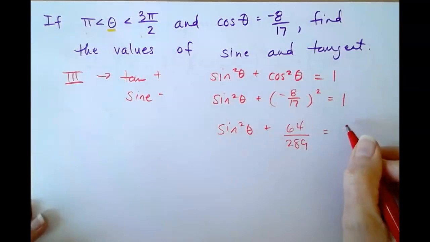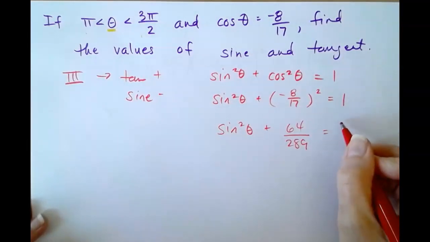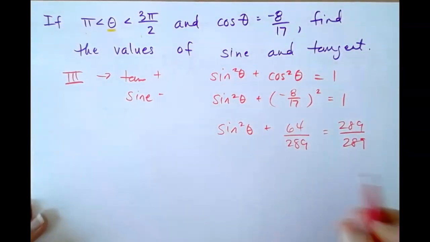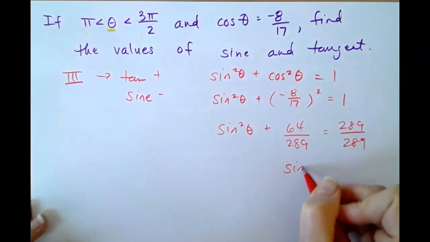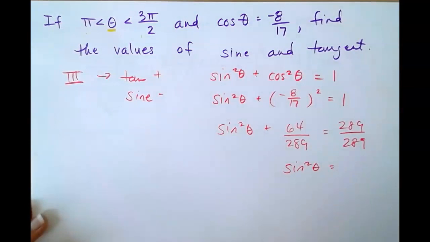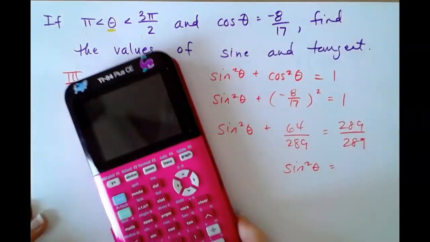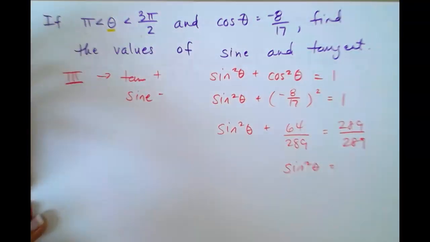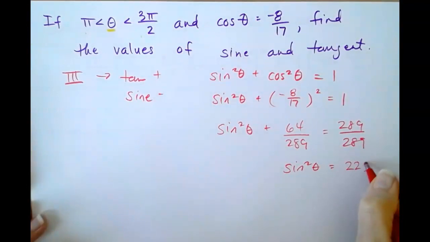I'm going to go ahead and transform that 1, rename it as 289/289. So sine squared is going to be equal to 289 minus 64, which I don't want to mess up, so I'm going to subtract on the calculator. 225, look at that, it's a perfect square.